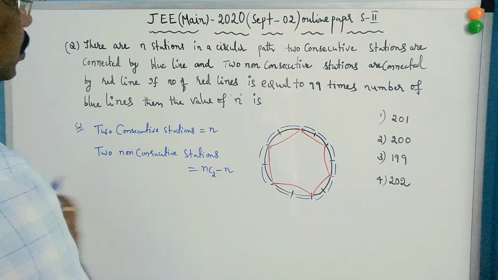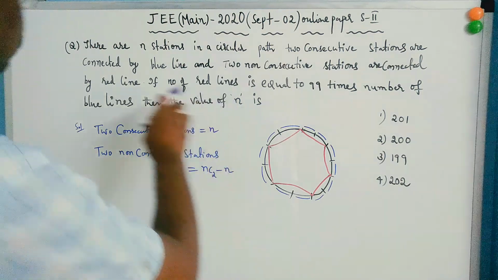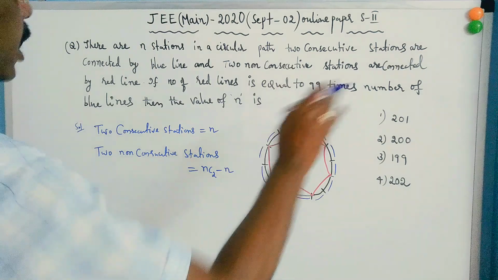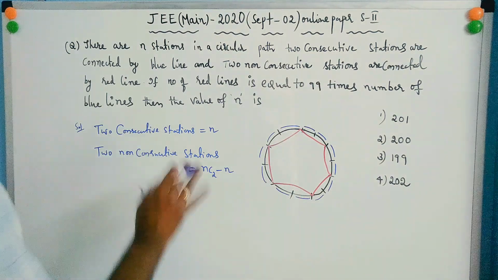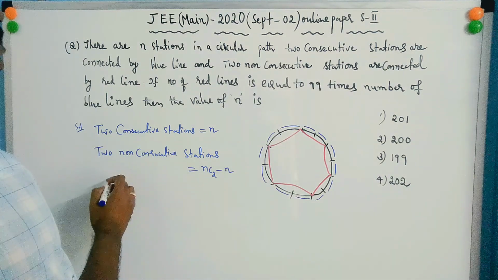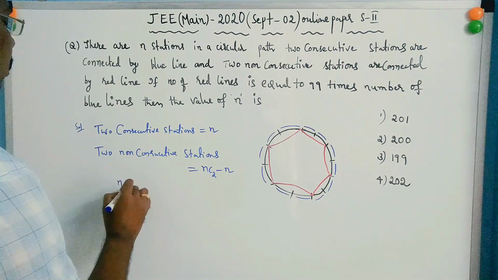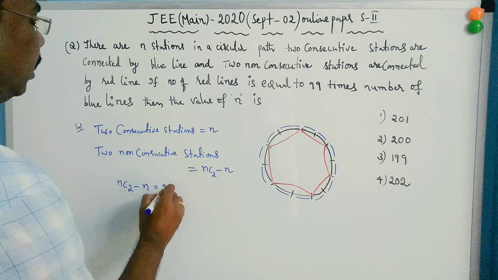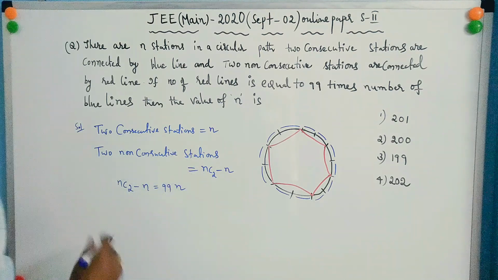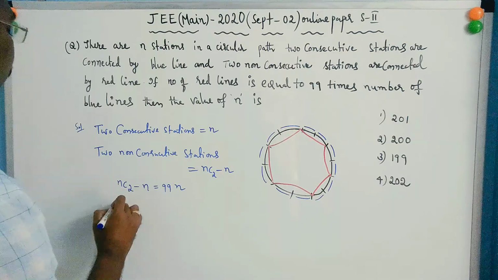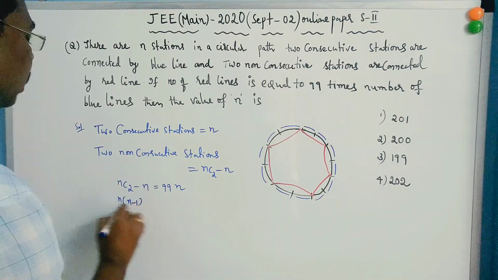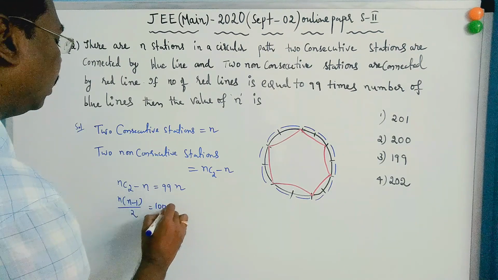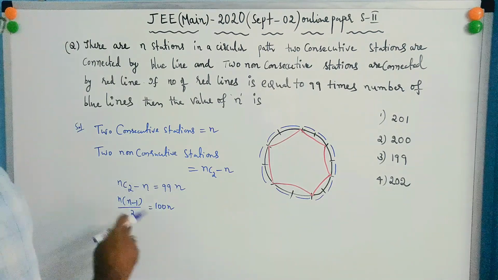Now according to the condition, the number of red lines is equal to 99 times the number of blue lines. Red lines means nC2 minus n, which is equal to 99 into n. Okay, now nC2 is n(n-1)/2, so it equals 100n.